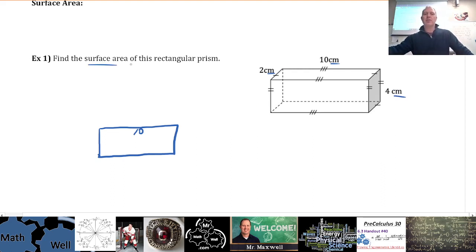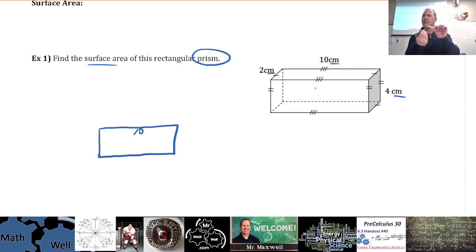And literally, the surface area of this prism, of a 3-dimensional shape, is just adding, I don't know if I mentioned this even yet, but we add up all of the areas of all the sides. That's all we do. Find the area of each of the 6 sides and add them up. And that's the total surface area, right? The surface area would be the area of the outside areas that are exposed to the air, okay? Or that are exposed to outside space.